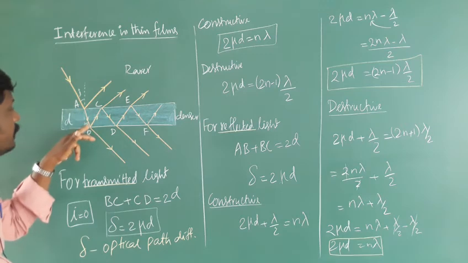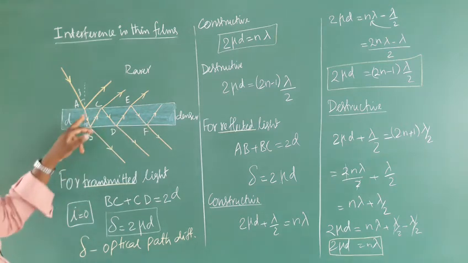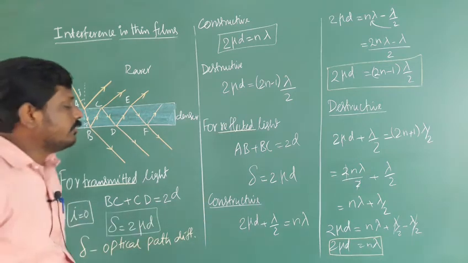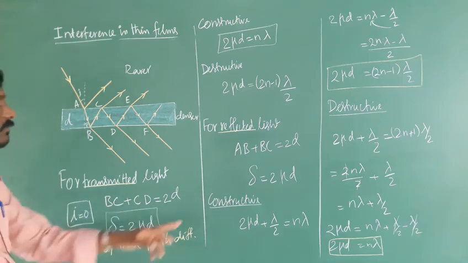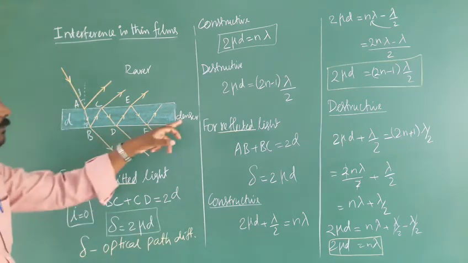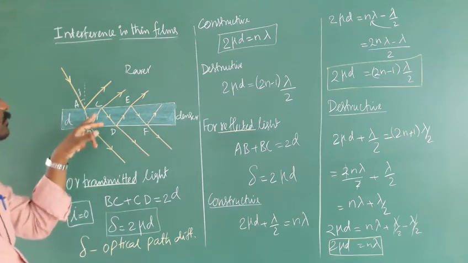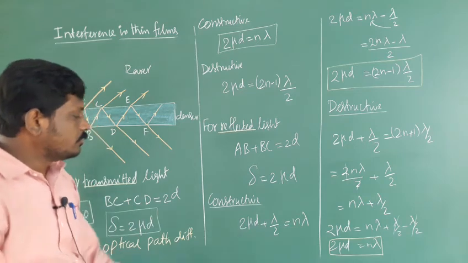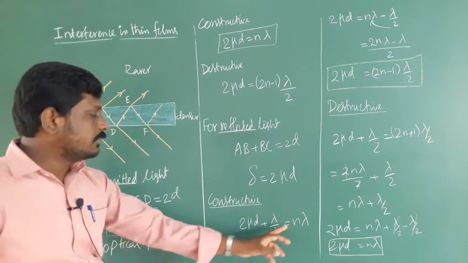When it is reflected back by the denser medium, it has a path difference of lambda by 2, a phase change of pi. So we need to consider that additional path difference lambda by 2. This is the rule: when light is incident and reflected back by the denser medium, there is an additional path difference of lambda by 2.